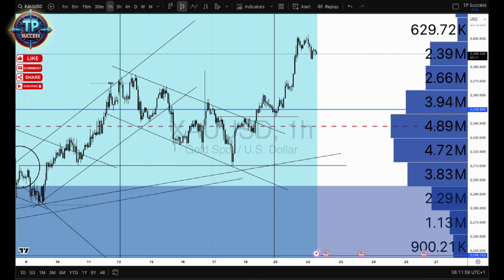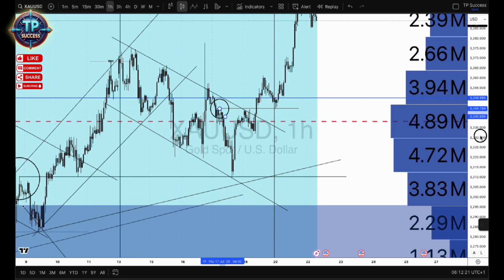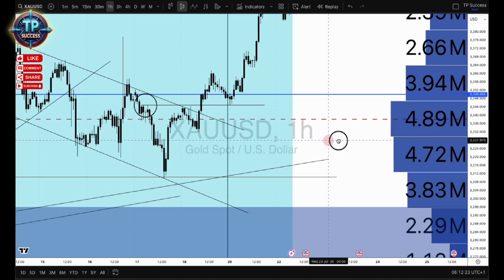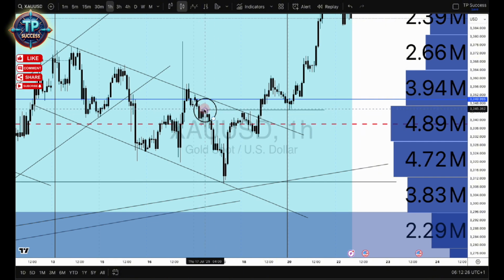And that is price tapped into this area right here, which is going to be, let's say, 3344.90, right? And that is it right here before taking off.